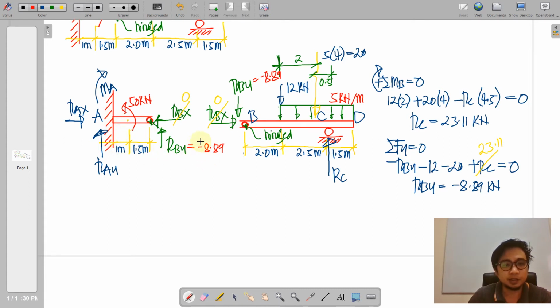So placing here the forces, we solve for RAY and MA, and of course this horizontal here is also 0.